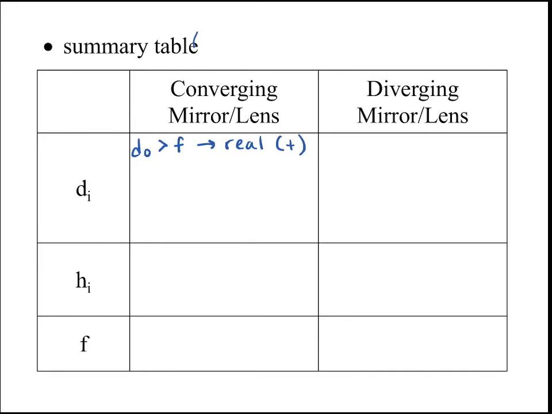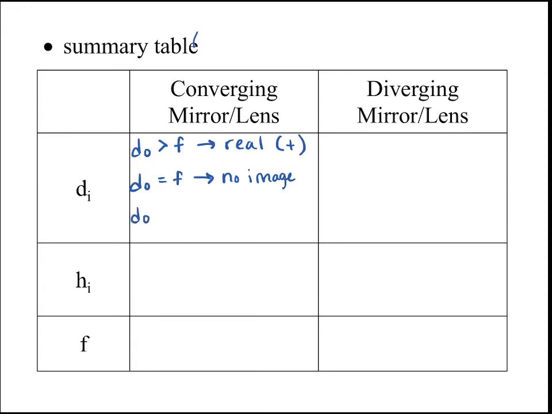And therefore our image distance is positive. So when we have a real image, the distance of the image to the lens or the mirror is positive. There was another situation when the object was placed at the focal point. What happened there? There was no image. So not real or virtual, just no image. So nothing's going to happen there.